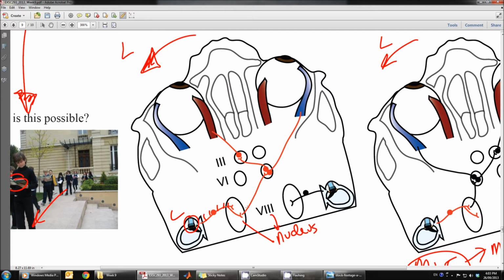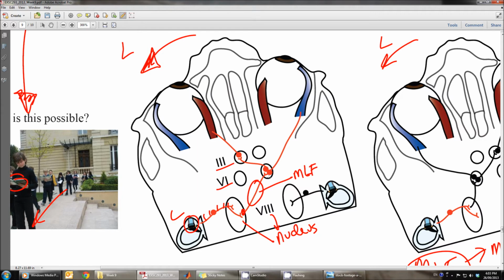It synapses with, there's a cell body, and synapses with the abducens nuclei, and also further synapses with the oculomotor nuclei, and this axon is our MLF.